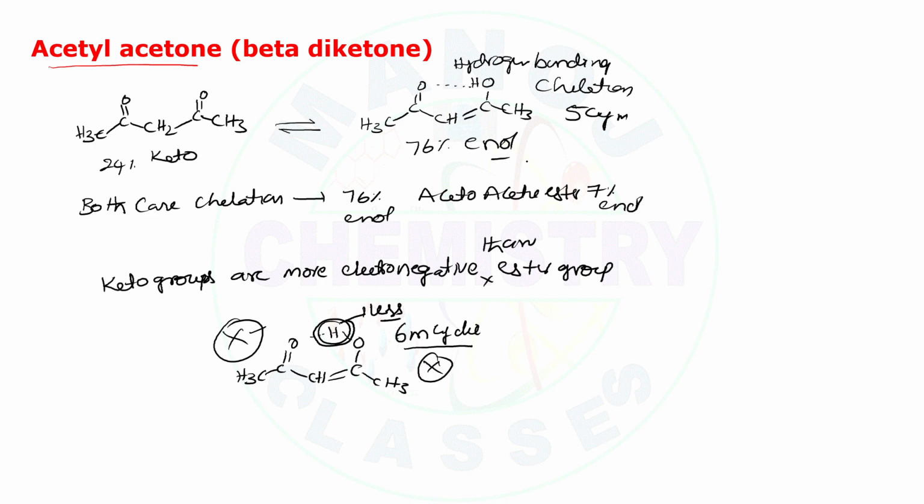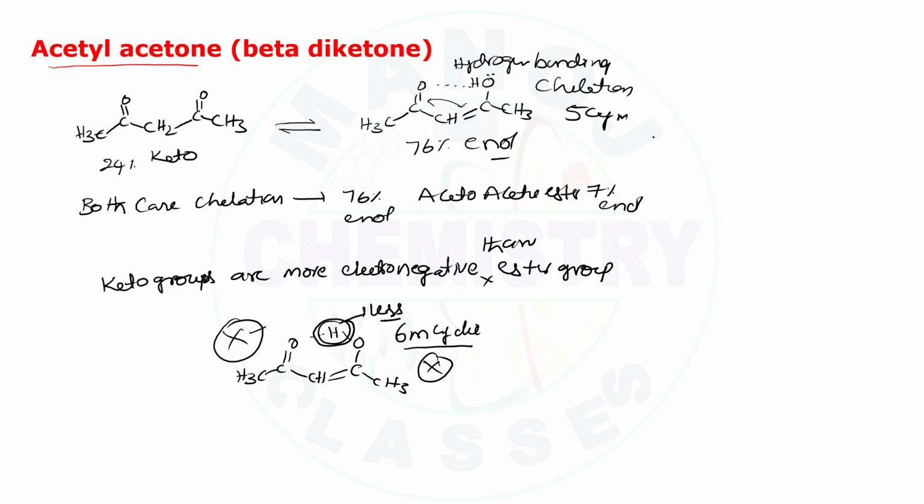Only a 5-membered cyclic ring is possible here, with chelation, which is nothing but intramolecular hydrogen bonding. So it exists in conjugation: these two double bonds are in conjugation, and this double bond is in conjugation with a lone pair.